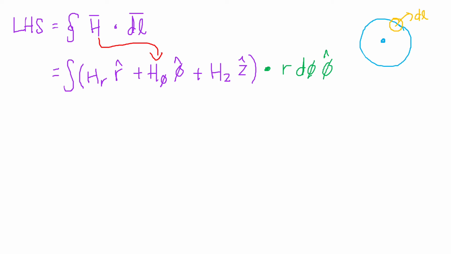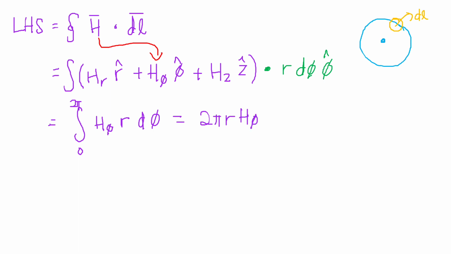So the equation will become the integral where phi is between 0 to 2 pi, and this one will be H phi r d phi. And this will become 2 pi r H phi.